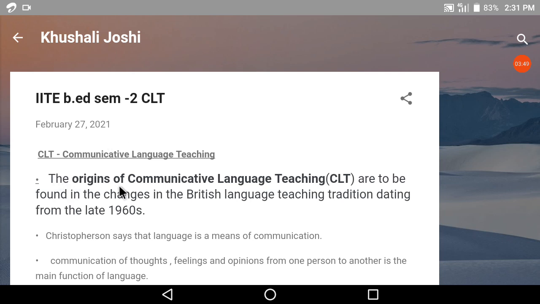The origins of communicative language teaching, which is the full form of CLT. You might have a 2 marks question. As per the recent IITE paper style, we have 4 mark questions, 3 mark questions, and 2 mark questions. They can ask 2 approaches for 4 marks, 1 approach for 3 marks, and they might ask a full form for 1 or 2 marks.